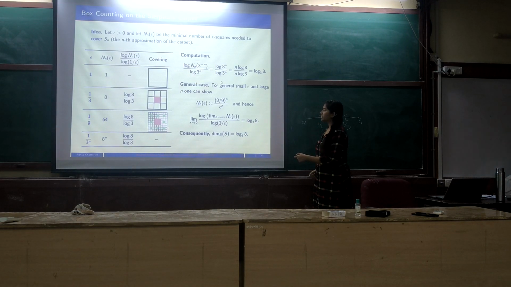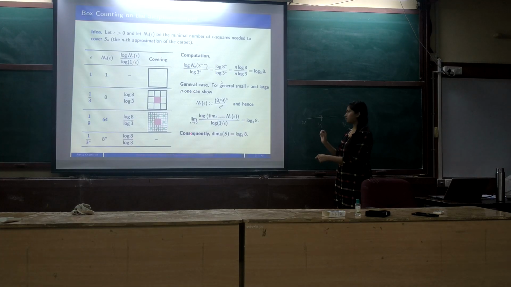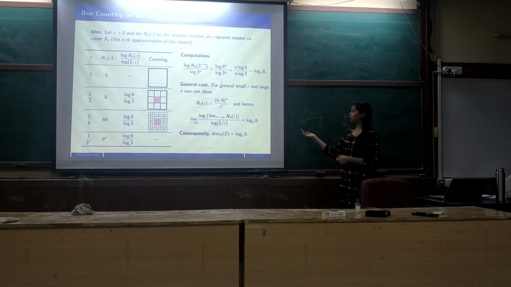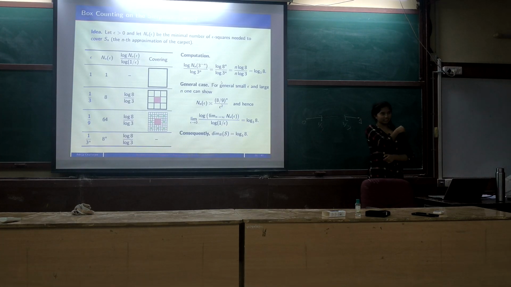Similarly at the nth iteration, when your epsilon is 1/3 power n, then you will need 8 power n boxes to cover your original figure, and you can do this by comparing the areas as well, the area of the whole set divided by the area of a single box. So your limit is basically log 8 base 3, and so the dimension of your Sierpiński carpet is log 8 base 3, which is around 1.89, I think.